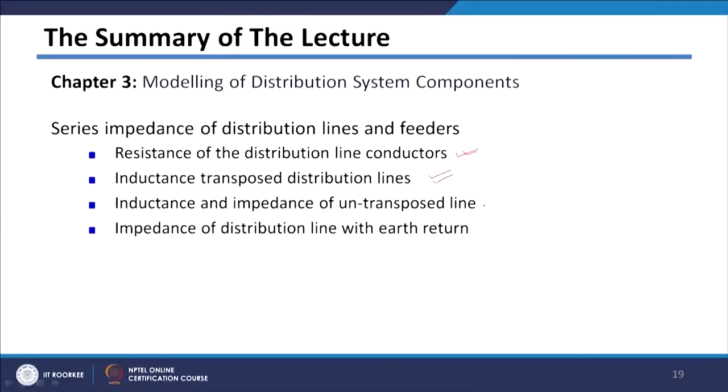Then we have seen the inductance of a transposed distribution line, the impedance also, and then the inductance and impedance of an untransposed line, which, if there are n conductors, will have an n by n matrix. However, in the case of a transposed line, there will be only one entry or only one number. Then we have seen the impedance of a distribution line with earth return.